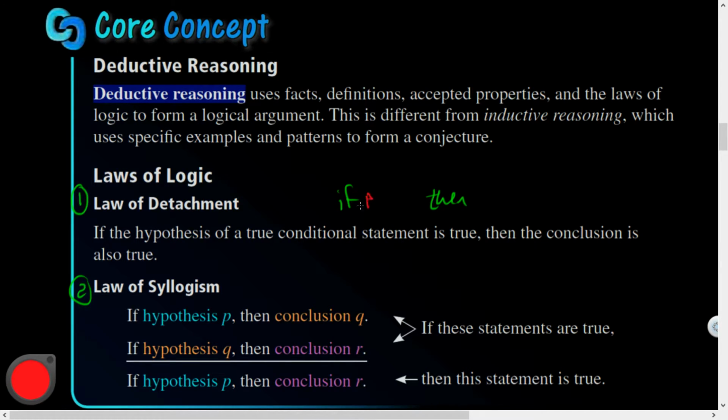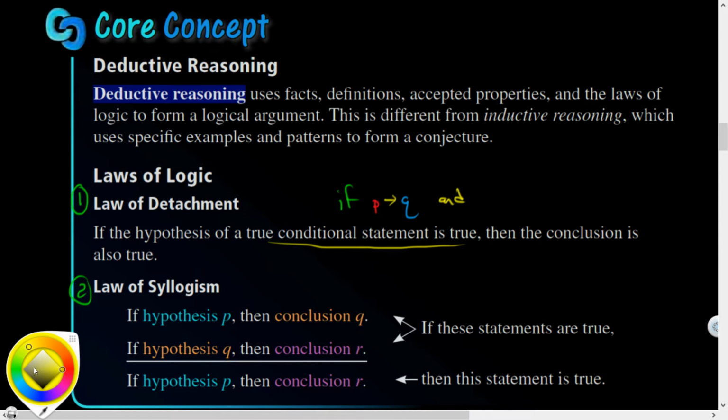Let's say if P implies Q is true, so if a true conditional statement is true, and P is true, okay, and its hypothesis is true, then what is true?